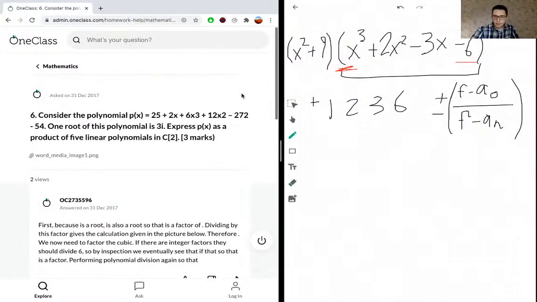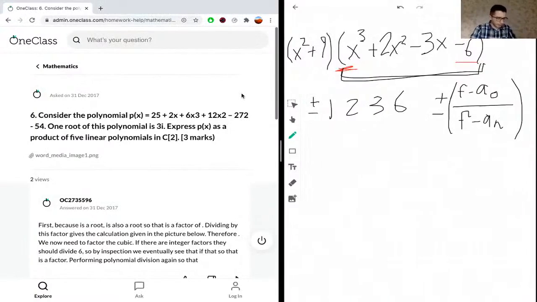To find a root of this function, we're going to substitute one at a time. So we'll substitute 1, -1, 2, -2, 3, -3, 6, -6. And whichever one gives us this function equal to 0, if we substitute that value and obtain 0, that is one of the roots of that equation.